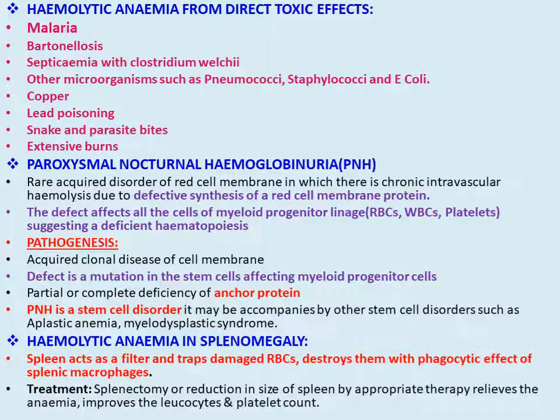From the entrance exam point of view, many times they will ask what PNH means: paroxysmal nocturnal hemoglobinuria. Pathogenesis: an acquired clonal disease of the cell membrane. The defect is a mutation in the stem cell affecting myeloid progenitor cells in the bone marrow, with partial or complete deficiency of anchor protein.